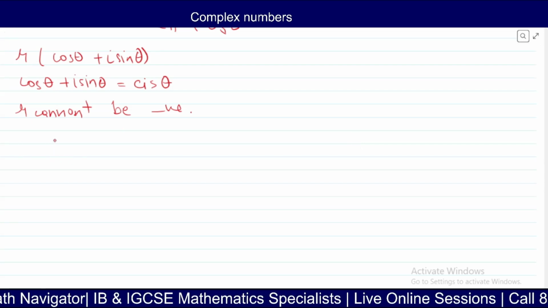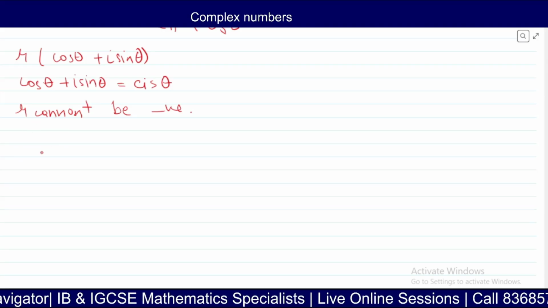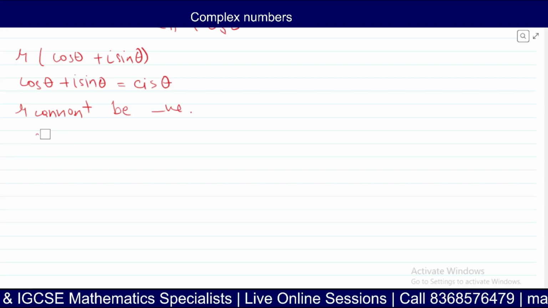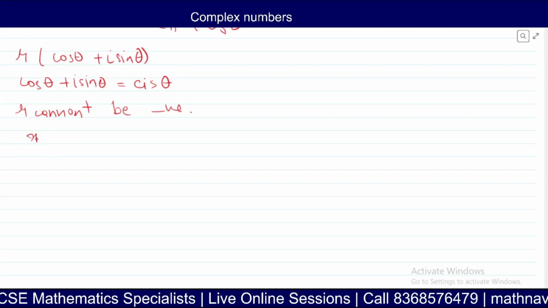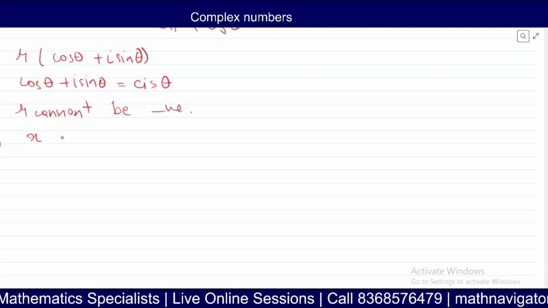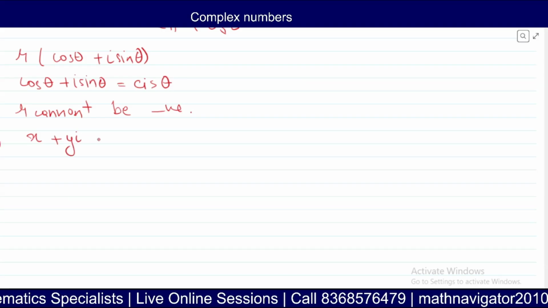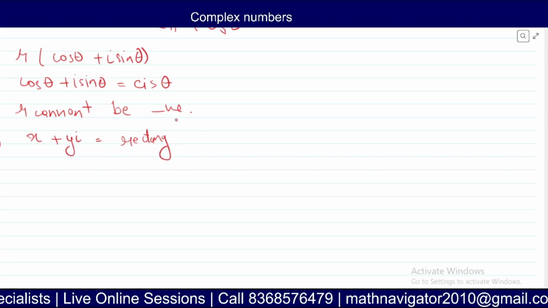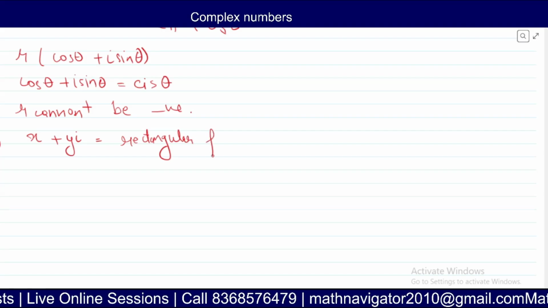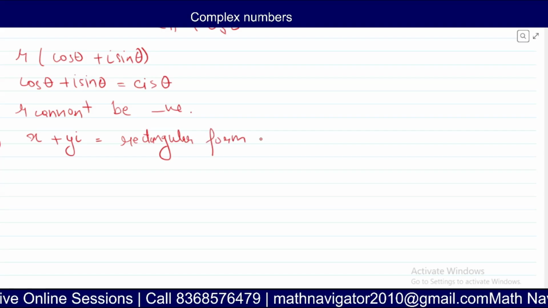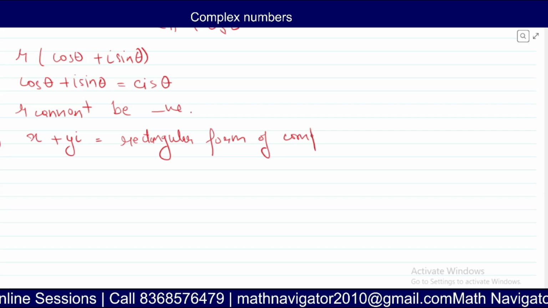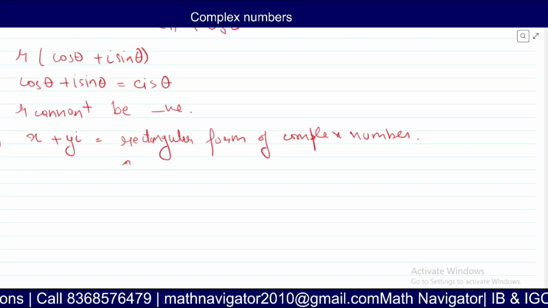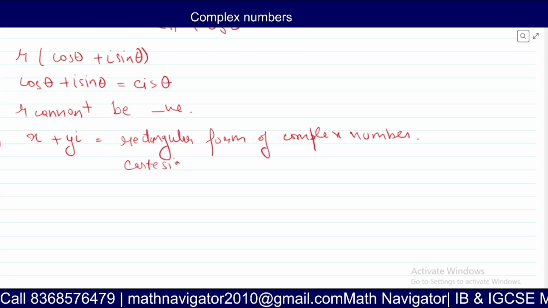So r cis theta and x plus yi. We have learned two forms of complex numbers. x plus yi is equal to rectangular form of complex number, or we can also call it Cartesian form, right?